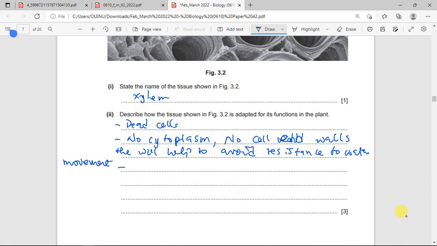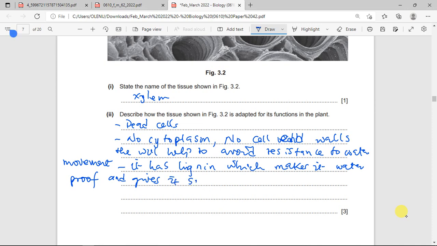Next, you find out that it has lignin, which makes it waterproof and gives it support. This will give you the 3 marks.